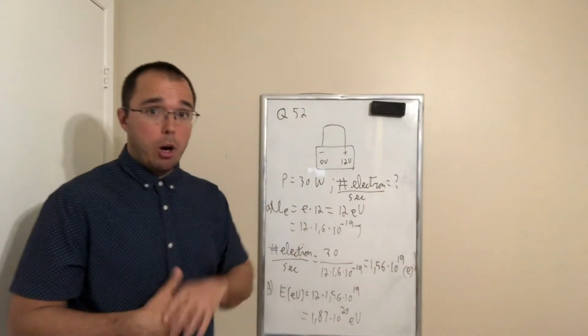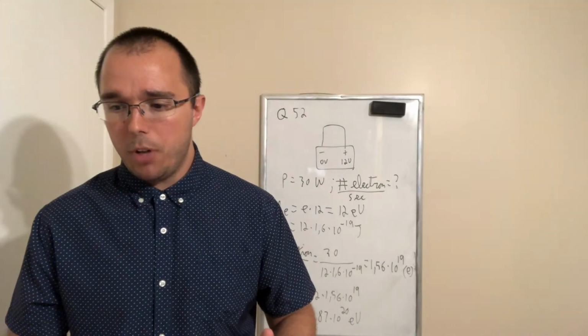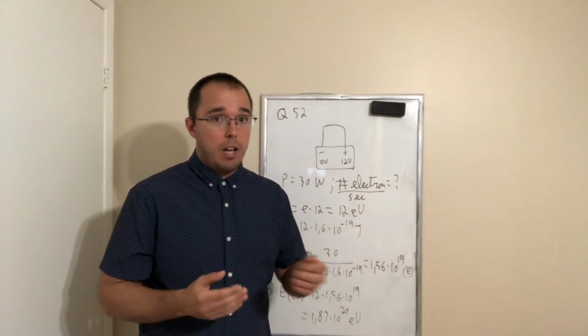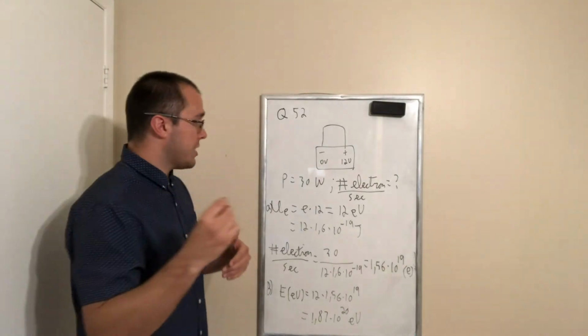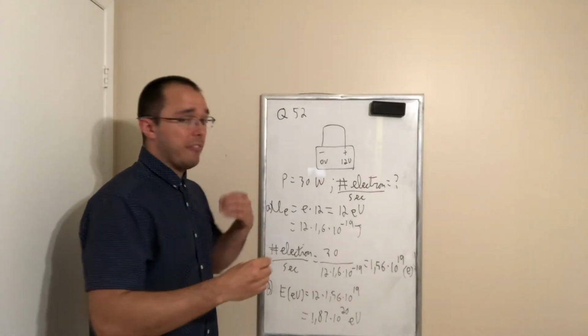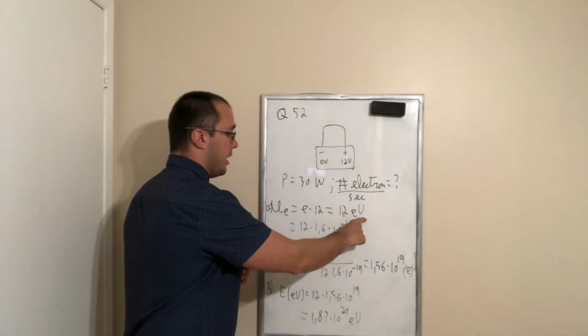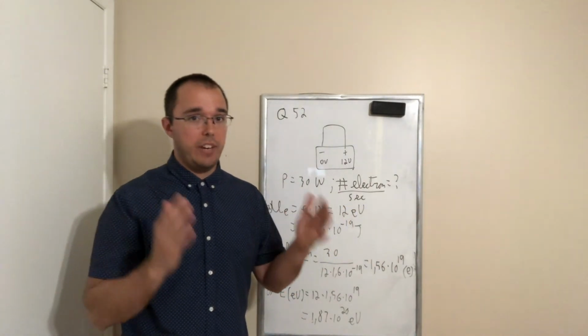Okay, there's the part B to that question. Let's read the part B. So how many electron volt are consumed in 1 second? Well, once we know how many electrons are consumed every second, we just have to multiply by the number of electron volt that each electron carries. And we saw here that each electron carries 12 electron volt of energy.